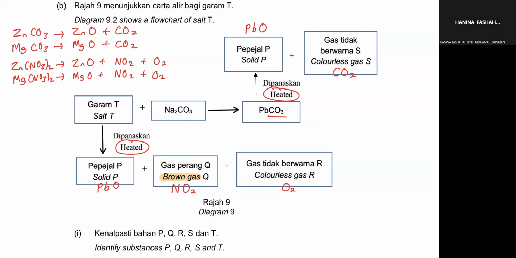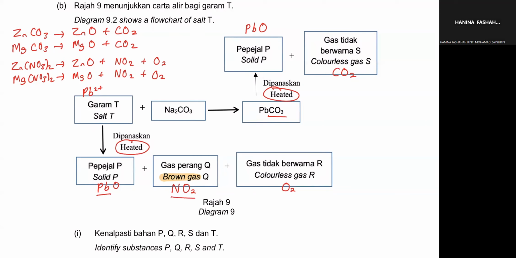So what is T? For T you have two ways to look. Because it is Pb here, so also Pb, correct? Pb2+. And what is the anion?